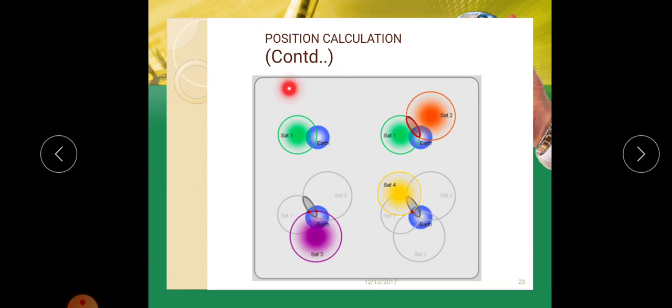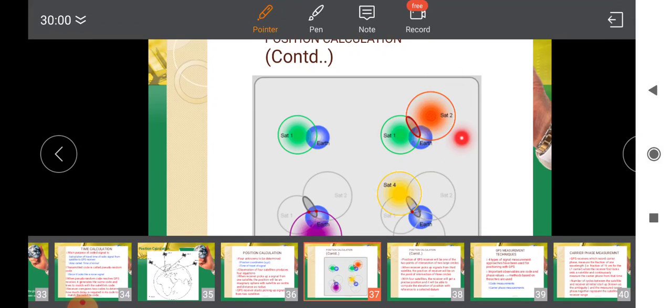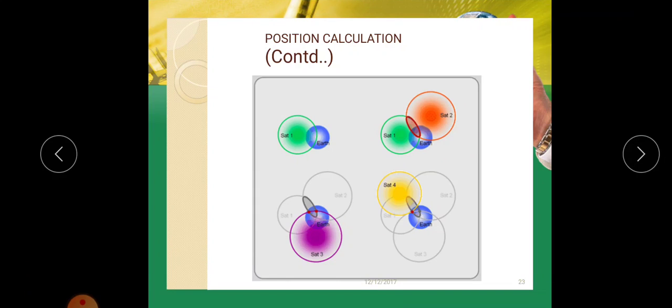Okay, so this is the position calculation, and I will repeat again. If the position is located by a single satellite, it will be an imaginary circle, and the distance from the GPS receiver will be its radius. If it is viewed by 2 satellites, there will be 2 imaginary circles and 2 intersection points will be created, and either of these points will be the GPS receiver point.